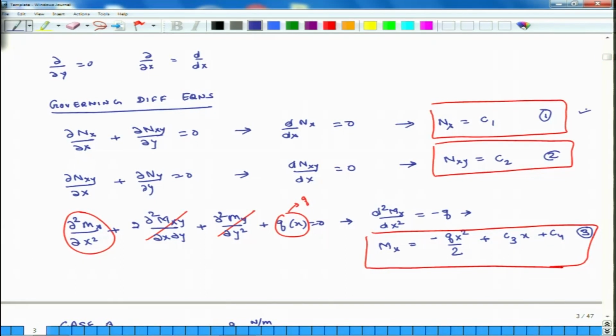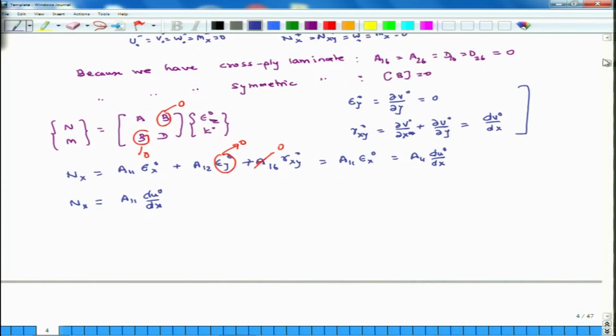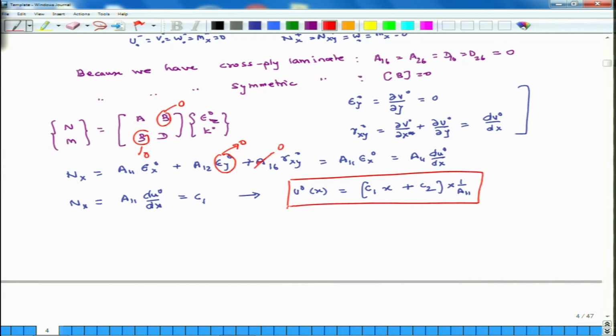So, if I integrate it, I get u naught of x is equal to C1 x plus C2, into 1 over A11. So, this is the fourth equation. Let us call this equation A.